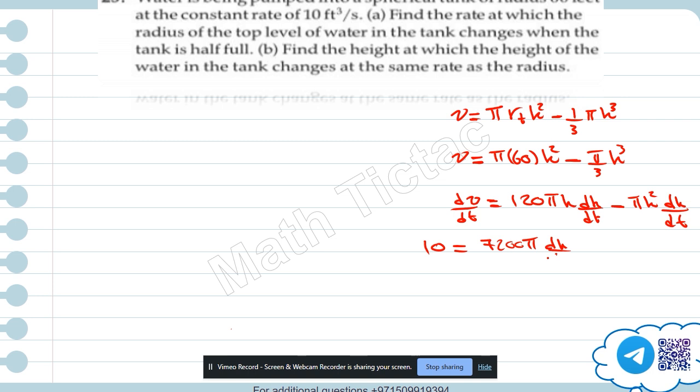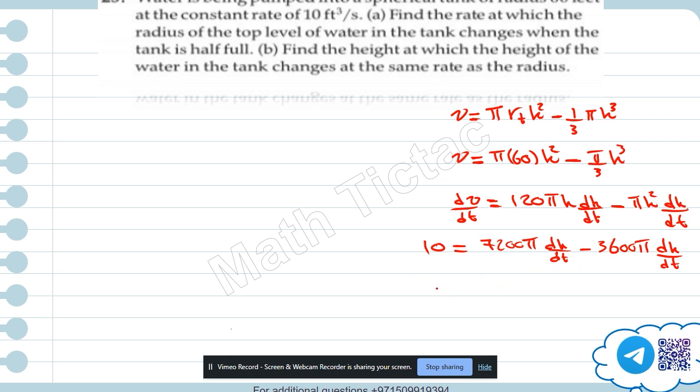Then minus pi multiplied by 60 square, which is 3,600 pi dh over dt. Now we can take dh over dt as a greatest common factor.